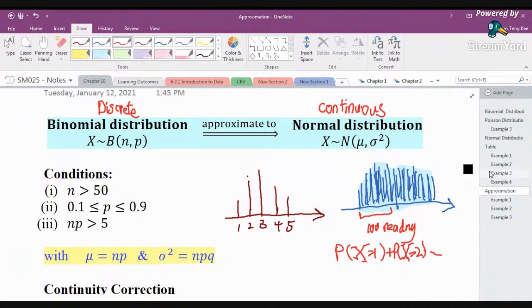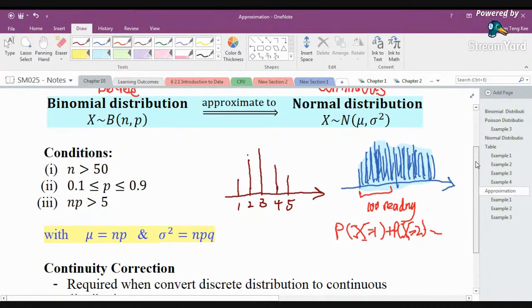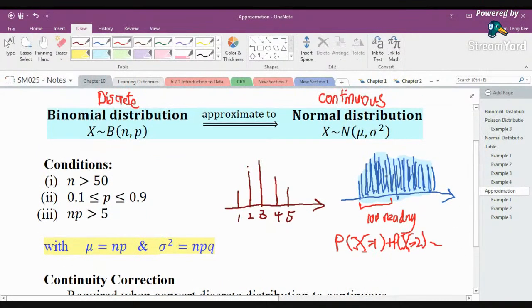So what we do is try to find another way to solve this problem. If I want to find the probability for these 100 readings, I use the approximation approach where I consider this as the continuous case. Then I just need to integrate based on the first and the last value, and then I will know the probabilities for these parts.